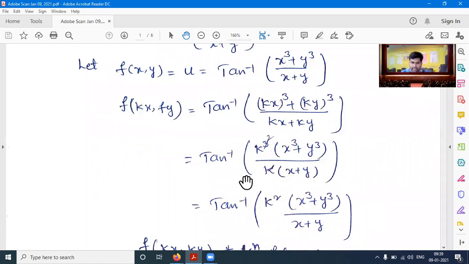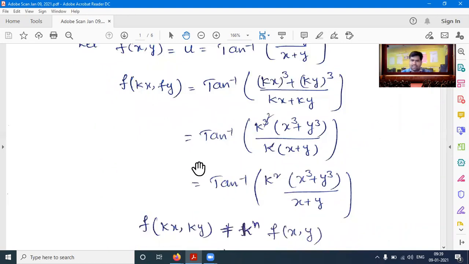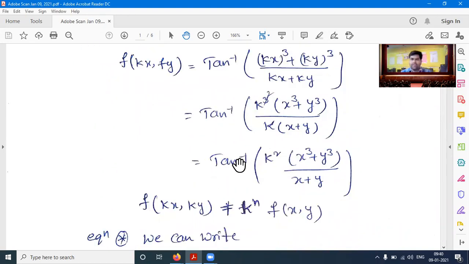Here one k from k cube gets cancelled. So this is equal to tan inverse of k square into (x cube plus y cube) divided by (x plus y). So can we write f of kx comma ky is equal to k to the power of n into f of x comma y?